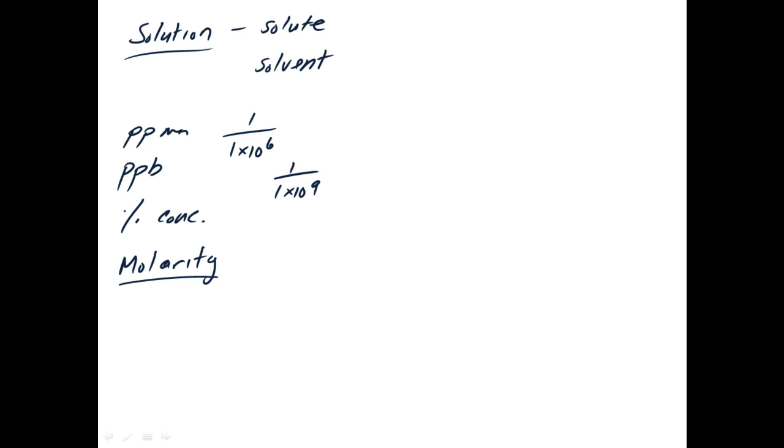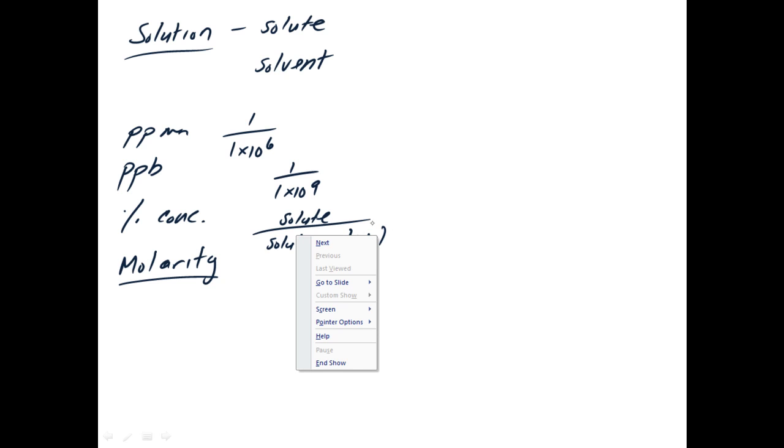And then percent concentration is the amount of solute in the solution divided by the total amount of solute and solvent, which makes up the solution. Remember, when we talk about solution, we're talking about solute and solvent. All of that combined is the solution.